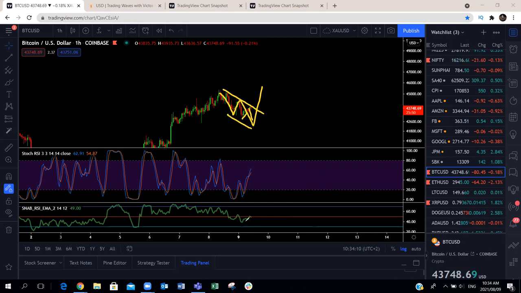If you look at the indicator here, we are still trading just at 50%, but we are looking upside. If they get a candle closing above the flag, even from current levels, we can still see Bitcoin retest 45,000 again, and even 46,000. So let's have a look at this on the 4-hour.